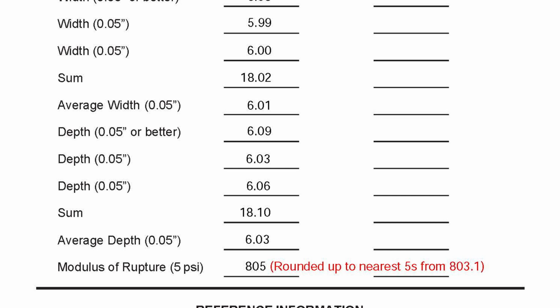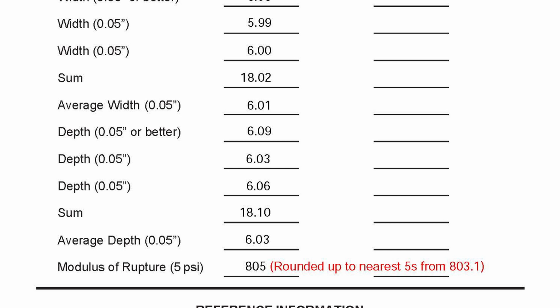So once you have the average width and the average depth in hand, the next step is to calculate the modulus of rupture. We call it a flexure test, but really the actual strength is called the modulus of rupture. It's to be reported to the nearest 5 psi.